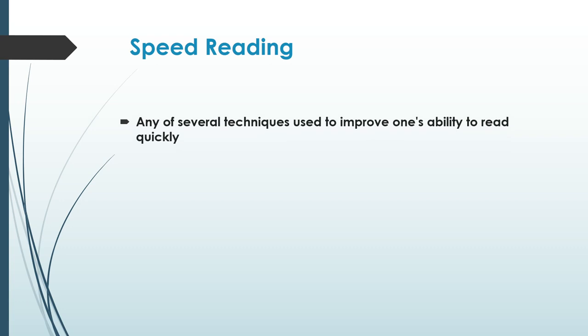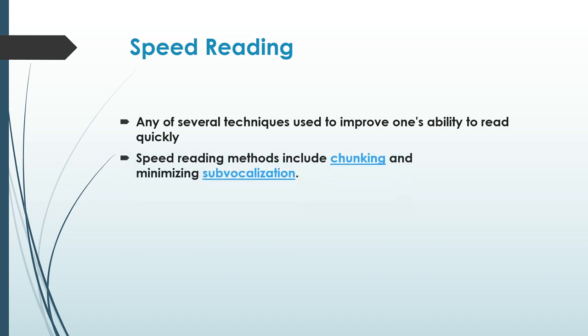But first, what is speed reading? It is any of several techniques used to improve one's ability to read quickly. All right, so it is very obvious what it means. Now, these two terms, which I have written in blue color and underlined, focus on this. Speed reading methods include chunking.